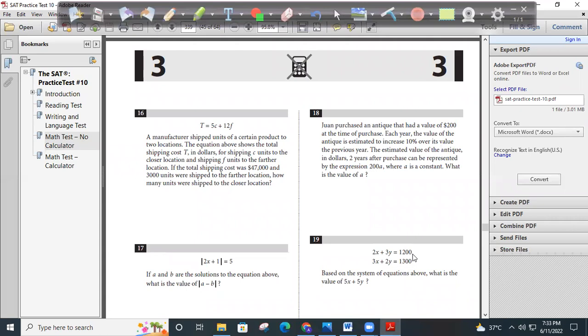Don't try to memorize any formulas. From the basics that you have learned so far, try to solve the question, and you'll be able to solve it.